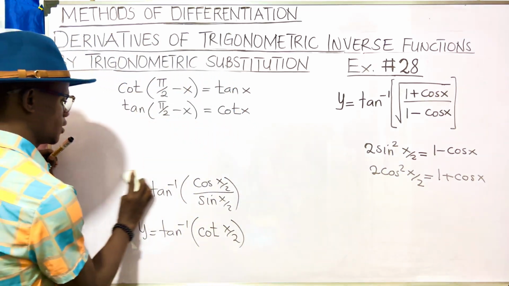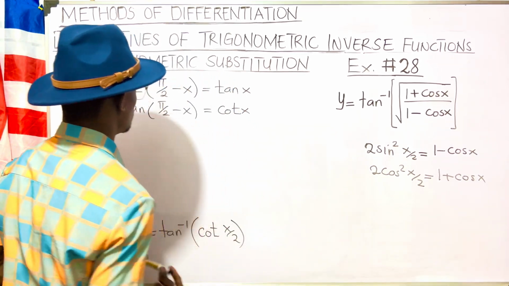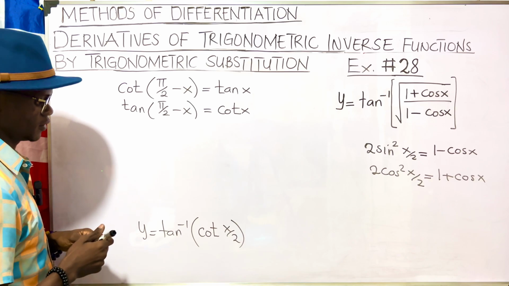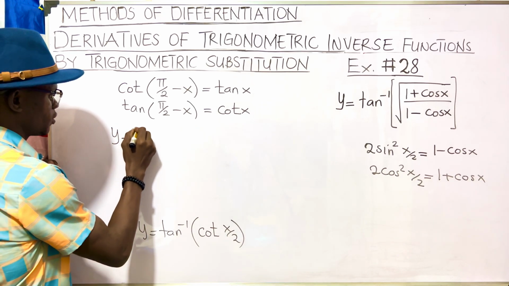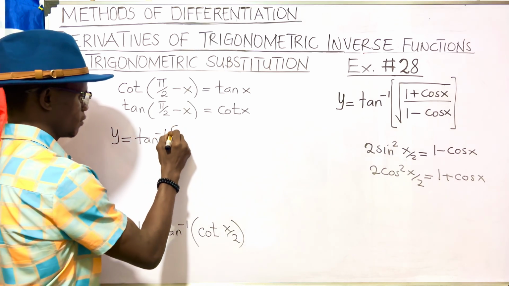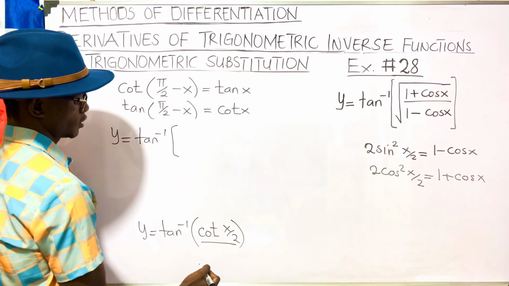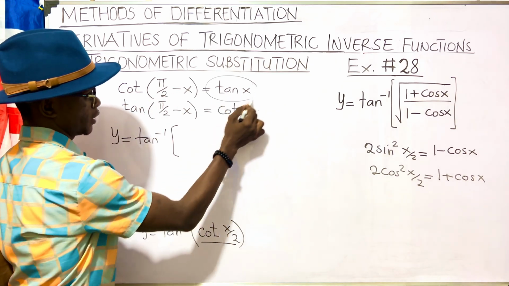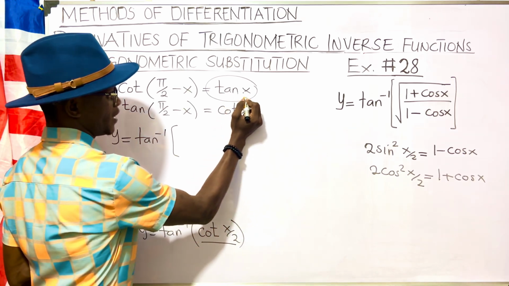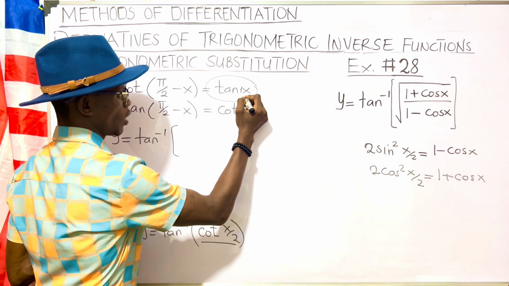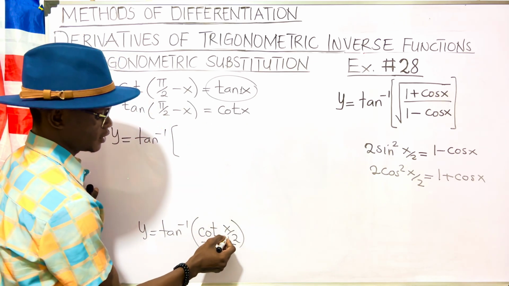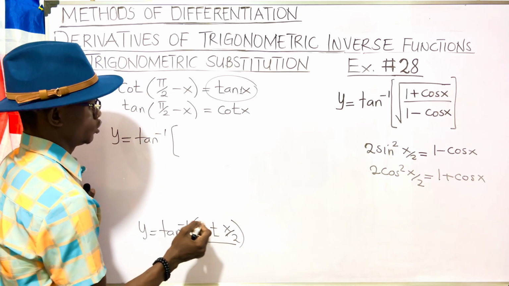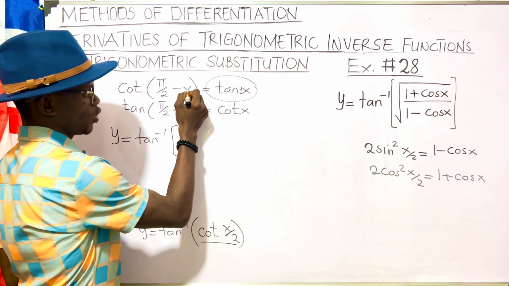Whichever way we write this, either of these can work. So we have y now equals tangent inverse of, so this cot is equal to this, right? But for this tangent of x, the coefficient was just 1. Now this cot has a denominator of 2, so this angle as well, we must divide by 2.